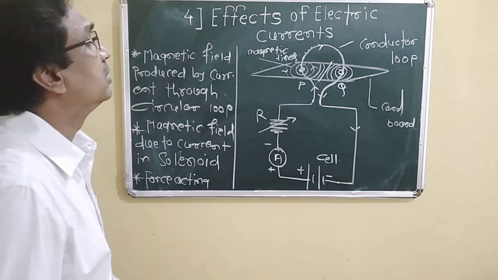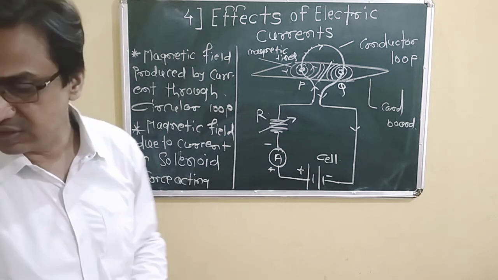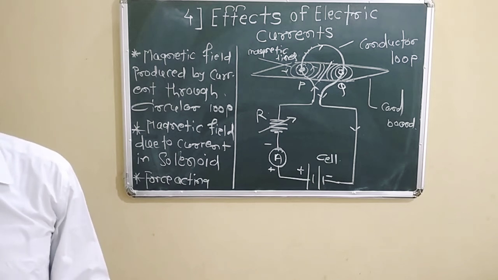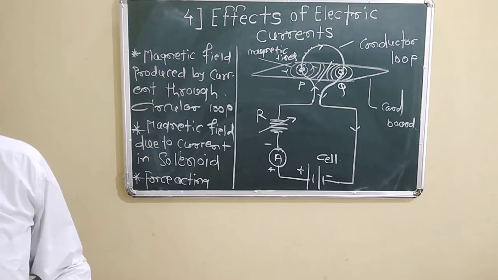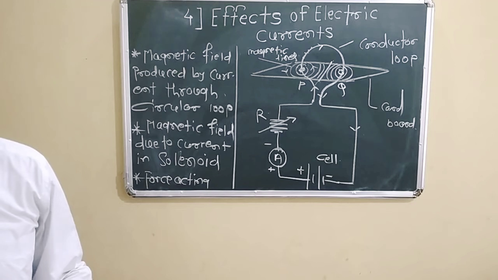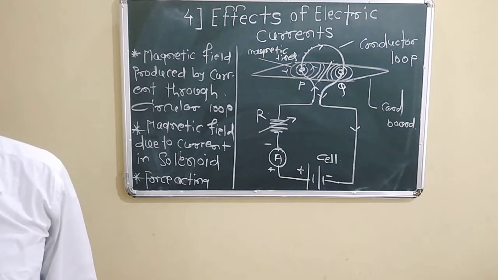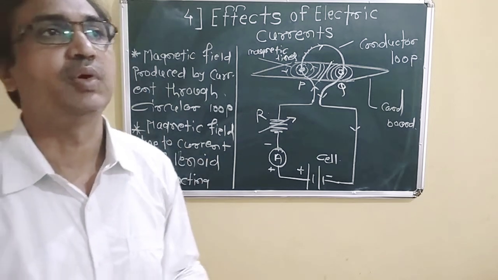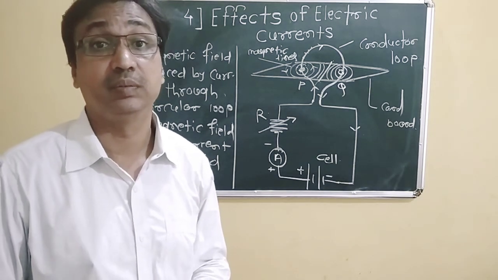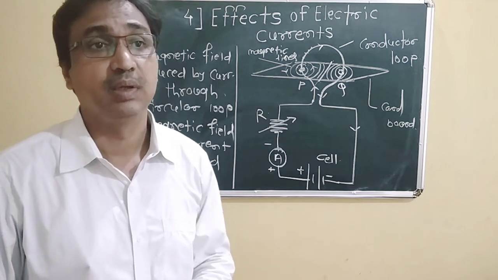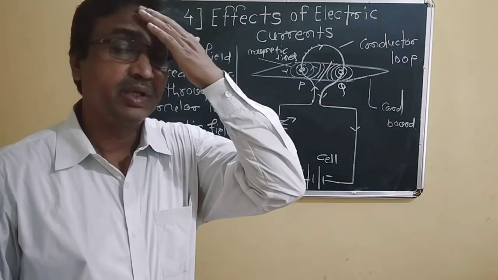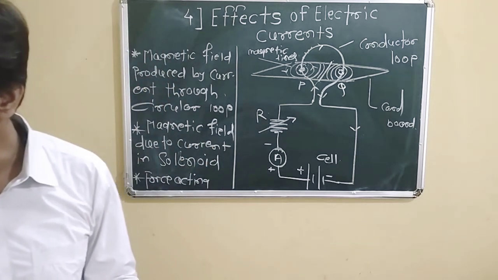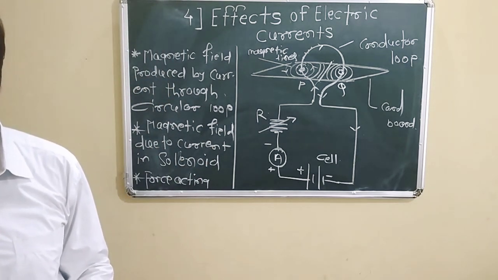If the amount of current flowing in the conductor loop increases, then we can easily find that the intensity of the magnetic field also increases.